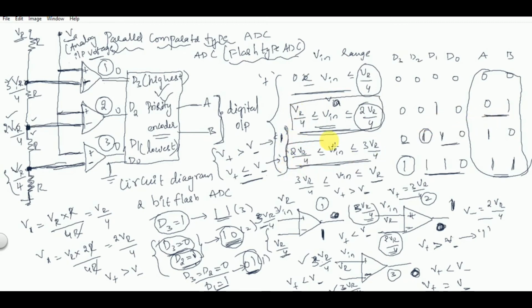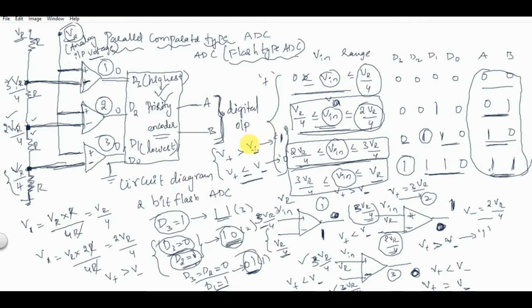If the analog input value is in this range, then you will get the output 1, 0. If the analog voltage is in this range, you'll get the output as 1, 1. So it all depends on the range of Vin which you are applying; you will get the corresponding digital outputs. So this is how the analog input voltage is converted into digital output. Okay, so this is about the 2-bit flash ADC.